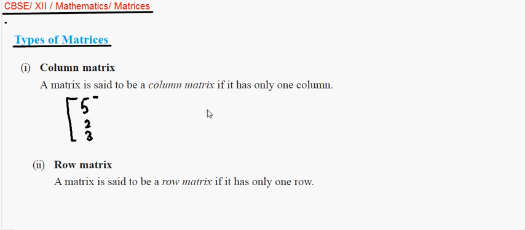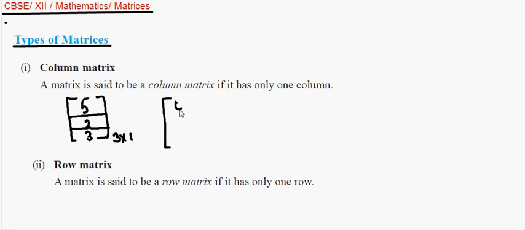This is called a column matrix. In this case you have only one column. So what will be the order? Order is nothing but the number of rows. Rows are horizontal like this. So it will become 3 rows and 1 column.